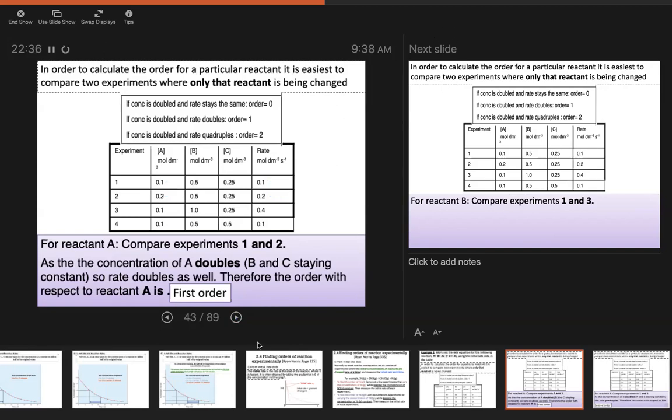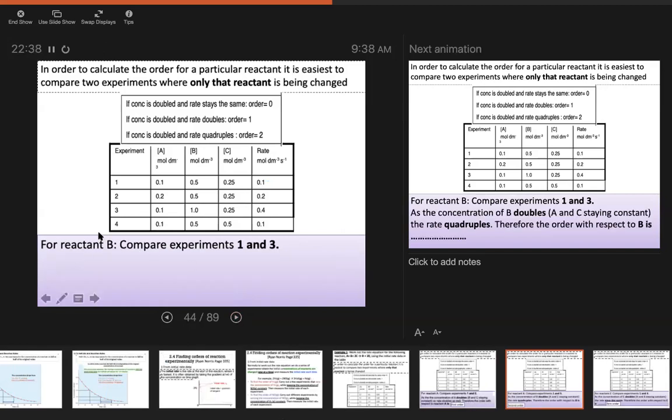Next one, we want to study reactant B. So if I want to study reactant B, I have to compare experiment 1 and 3. Why? Because if you look at 1 and 3, only the concentration of B is changing.